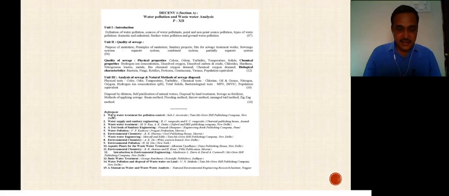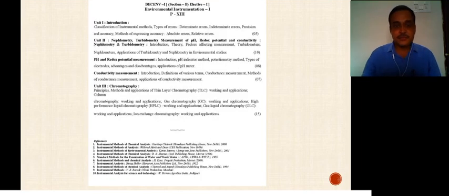In this paper, the university has also given the list of books that are useful as study material and reference in your syllabus.